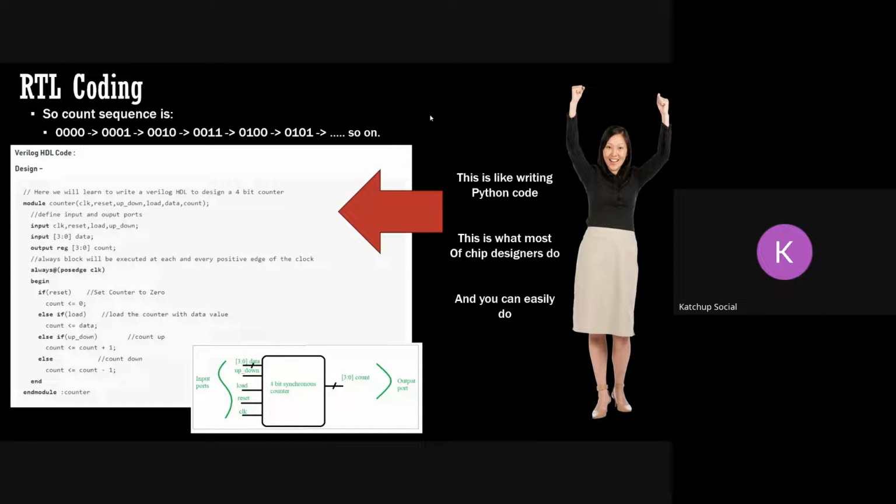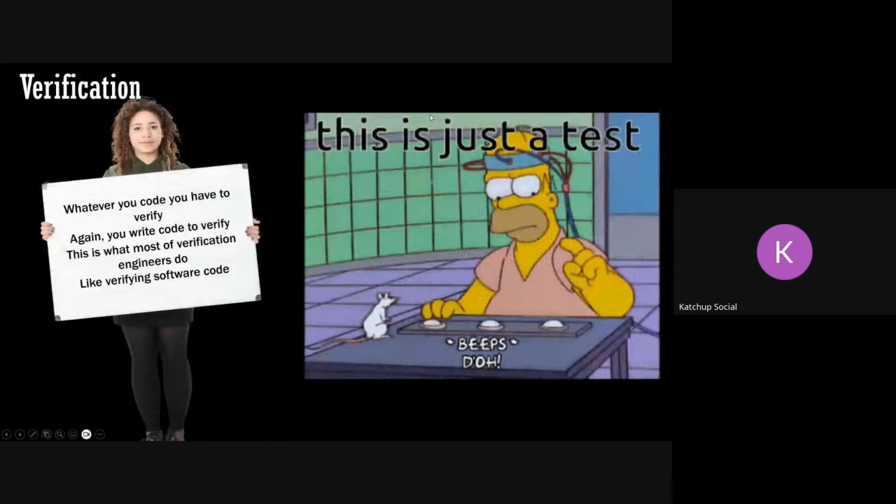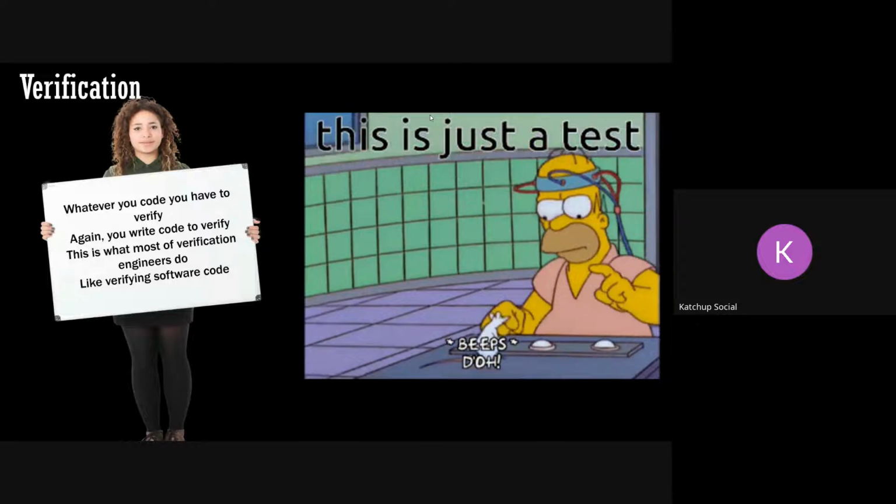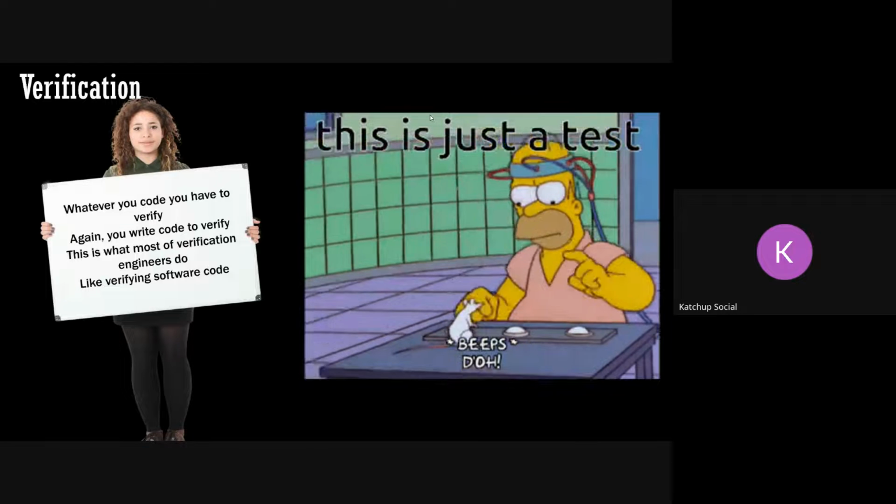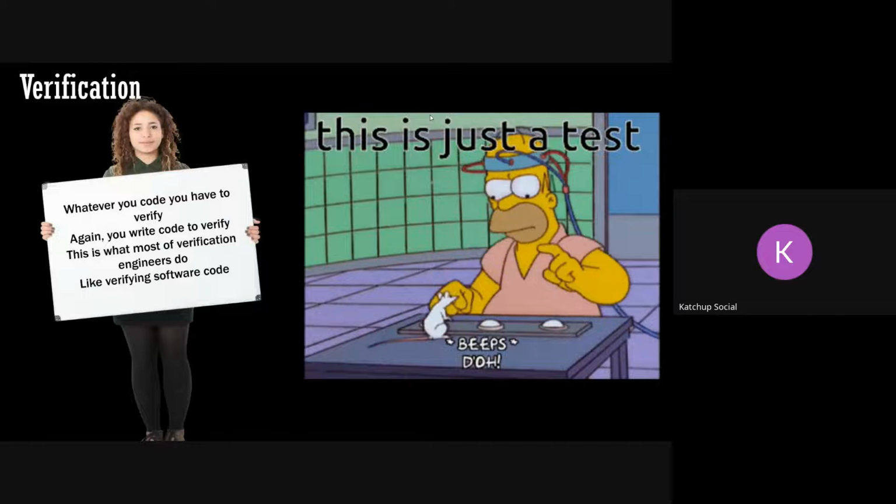And once RTL coding is done, whatever code you have written, you have to verify, right? As in, you have to make sure it is working. And this is one of the hottest jobs in chip design: verification, verifying the RTL code which is written, verifying the functionality which has been written. And it's not very different from verifying a software code, just that terminologies used are different, the languages you may be using are different.